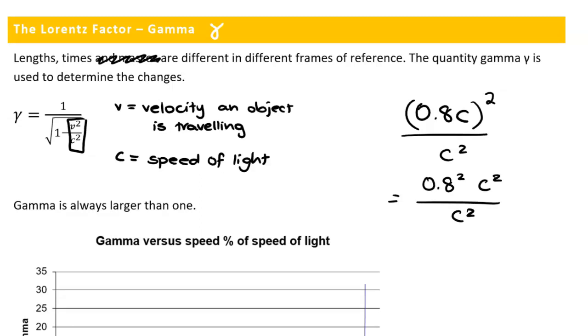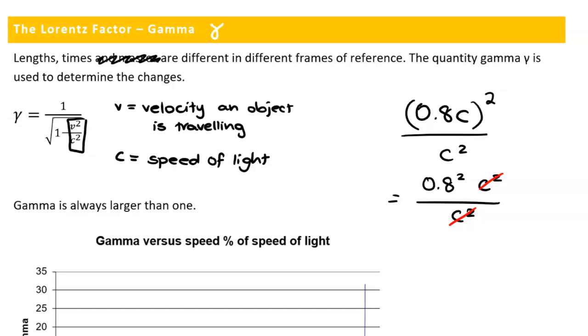So if you leave things in terms of c, you don't actually need to substitute in 3 by 10 to the 8, or the square of that, 9 by 10 to the 16. You can just cancel off the c squareds here, so you'll be left with 0.8 squared.